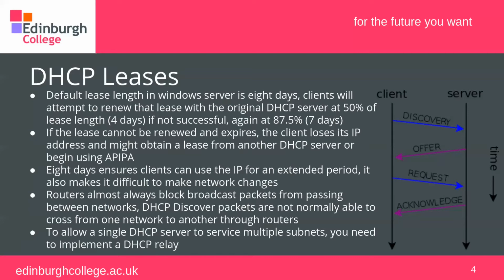If that's unsuccessful, it tries again at 7 days. And then if the lease expires, the client machine will roll back to using APIPA automatic addressing, the 169.254 addresses, after the 8 days after it expires.